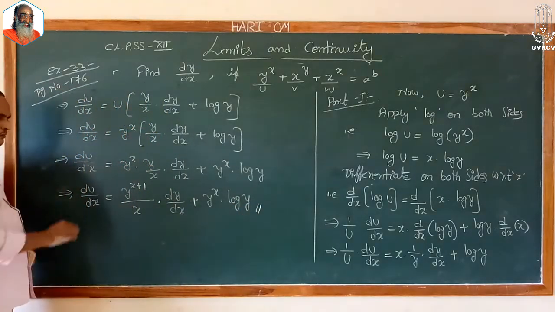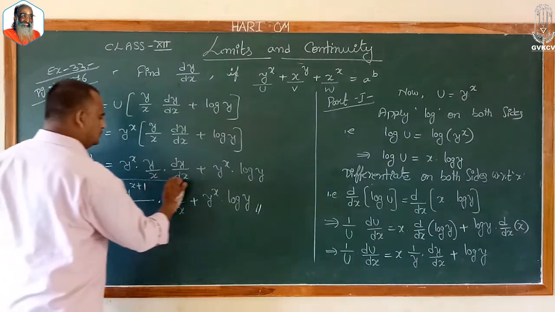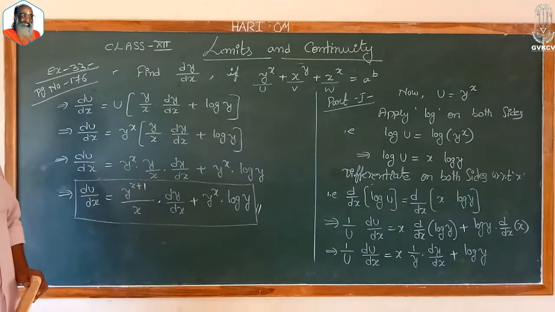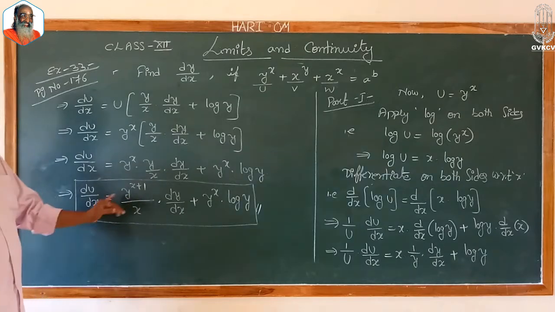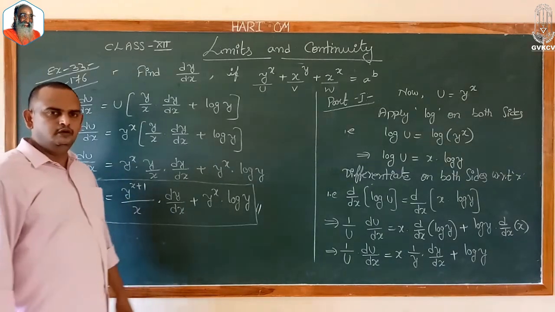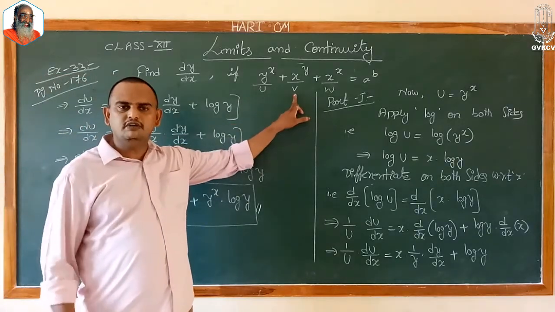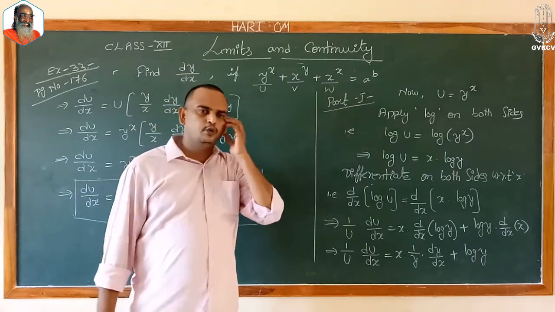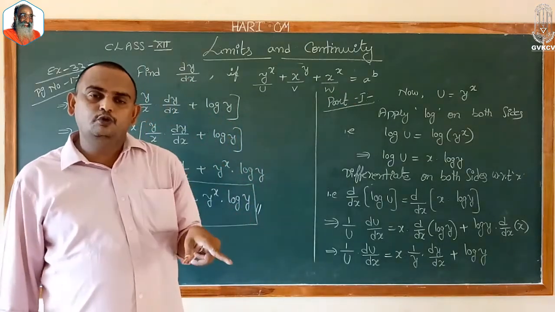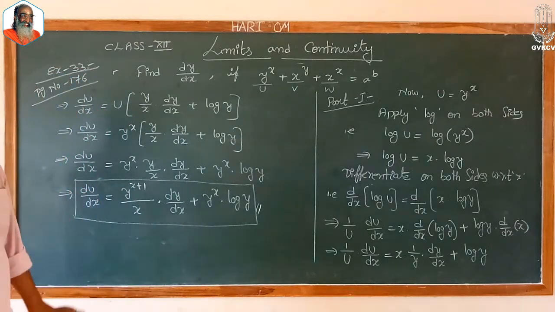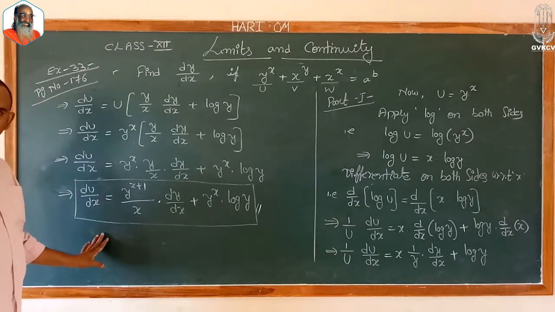This is about part 1. This we need to remember. So we have got only du/dx. In the same way, we are going to find dv/dx and dw/dx.